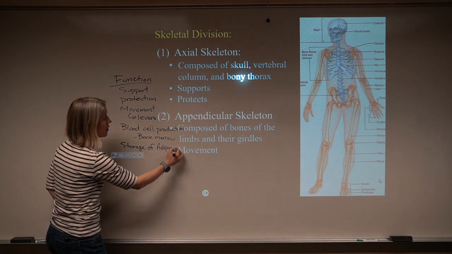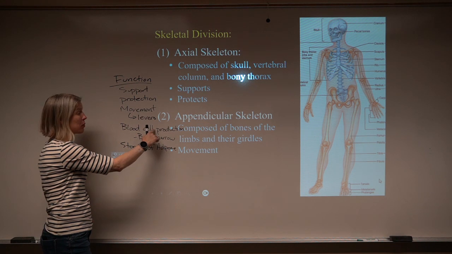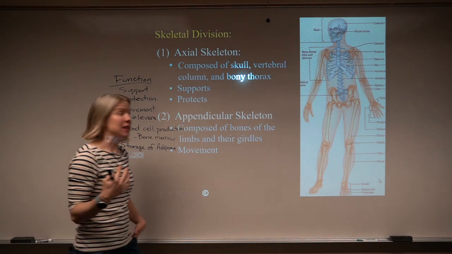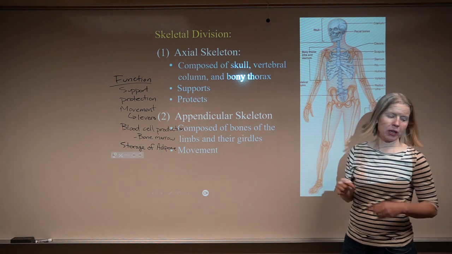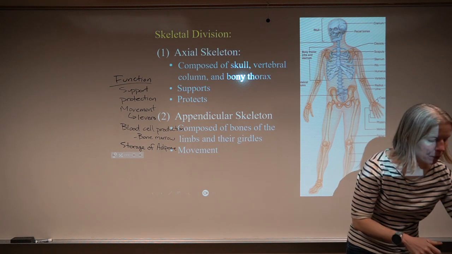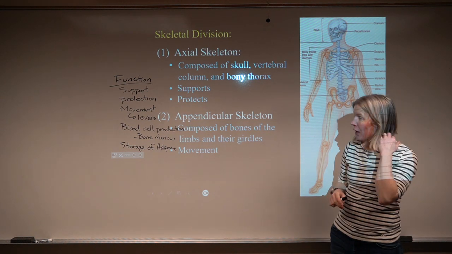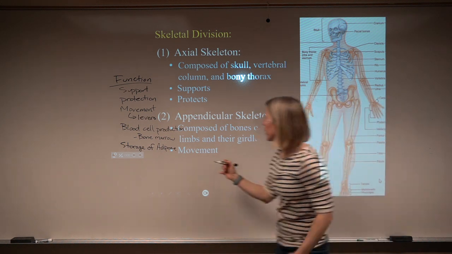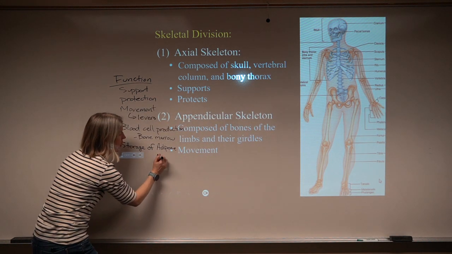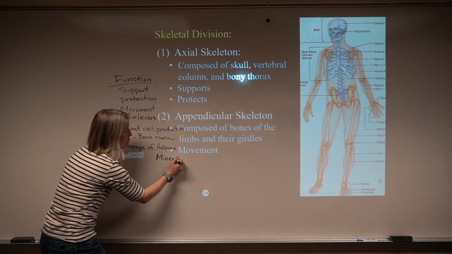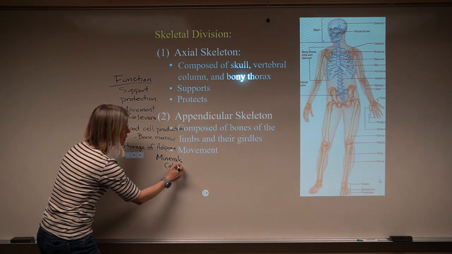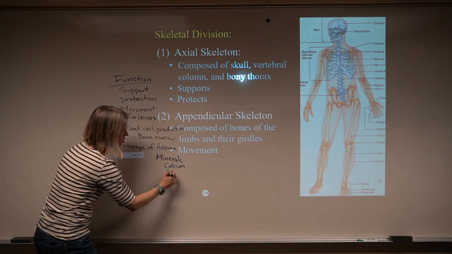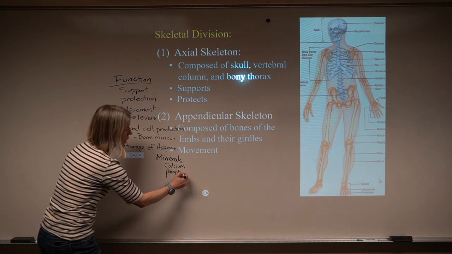We mentioned that any of that bone marrow that's not producing red blood cells will instead become what we call yellow marrow and be important in the storage of adipose. Speaking of storage, we are also going to store some important minerals, particularly calcium and phosphate.